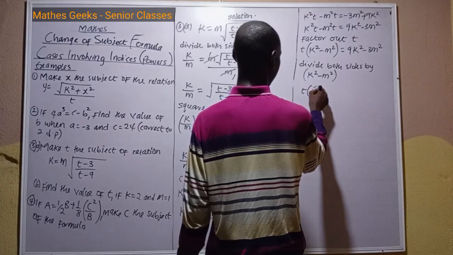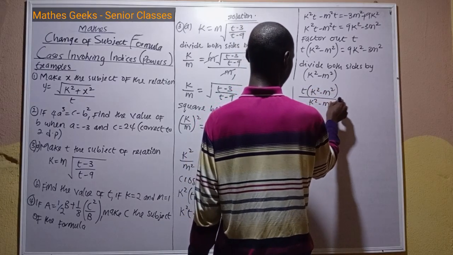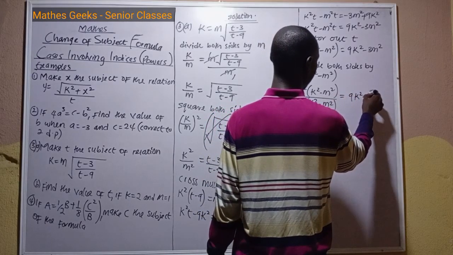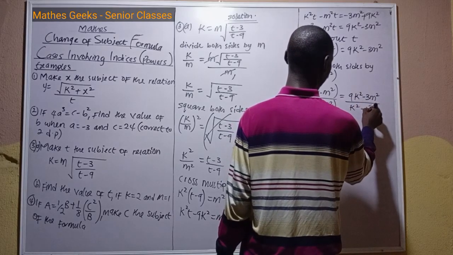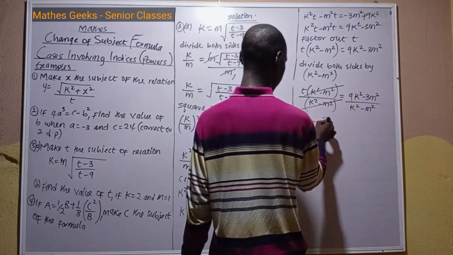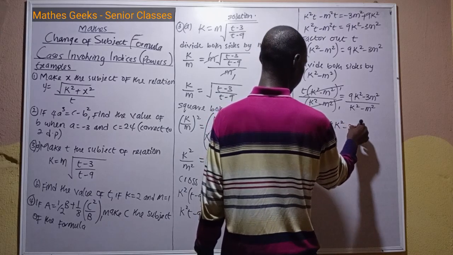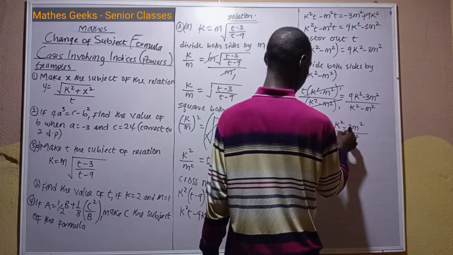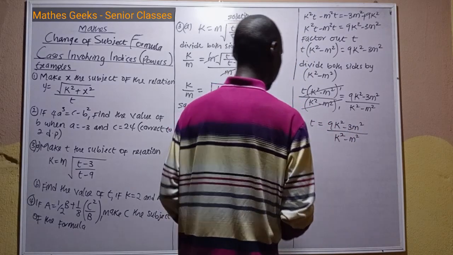So t times (k squared minus n squared) over (k squared minus n squared) equals (9k squared minus 3n squared) over (k squared minus n squared). Then cancel. So t is equal to (9k squared minus 3n squared) over (k squared minus n squared). So t is the subject of the relation.